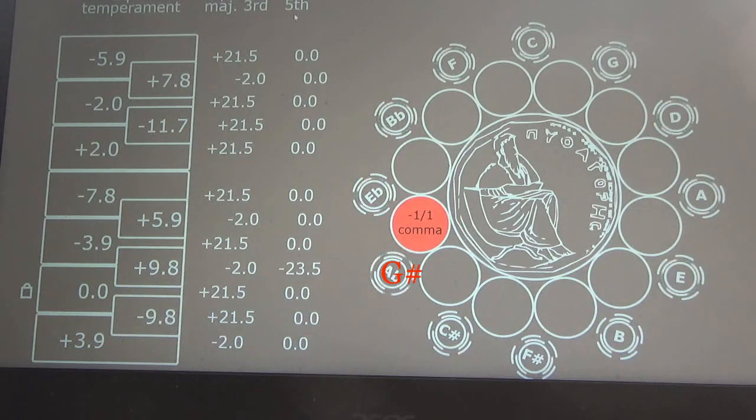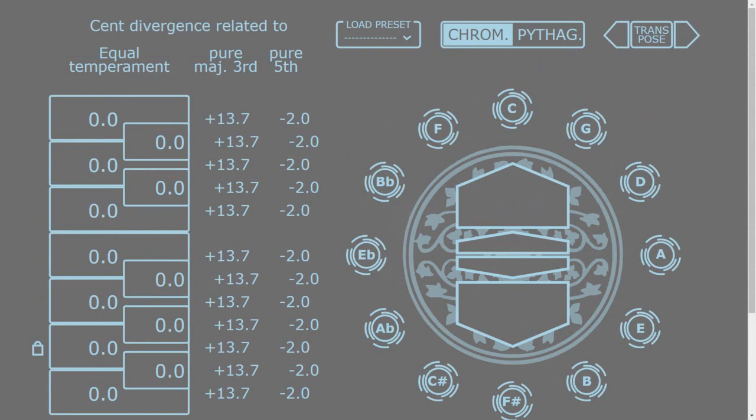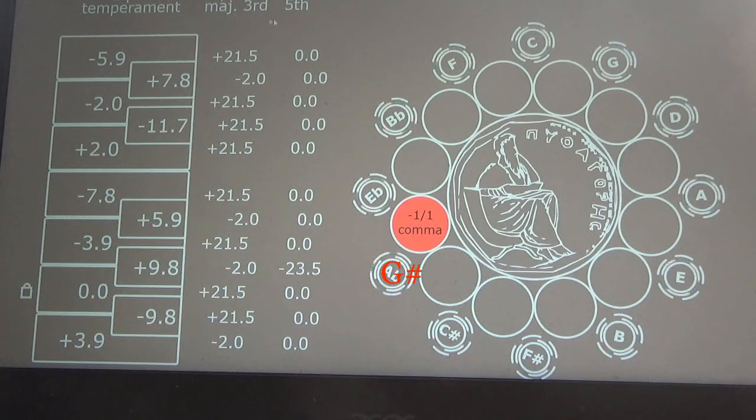These next two columns tell you how the temperament is going to sound by looking at intervals in the temperament and comparing them to pure intervals. So we're getting the same information in these two columns that we get in the inner and outer rings of the circle of fifths. So the note C in this temperament has a major third above it, E, which is 21.5 cents too high. So we're looking at the major third above C, it's 21.5 cents too wide.